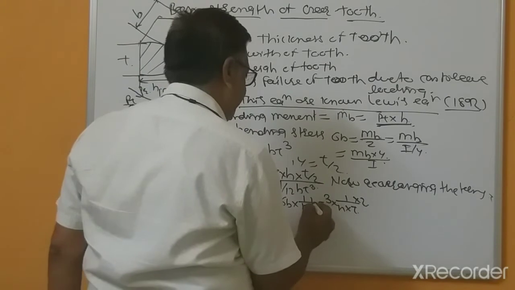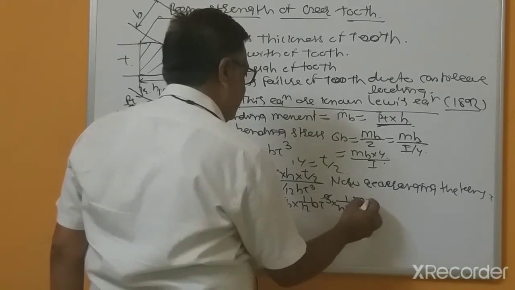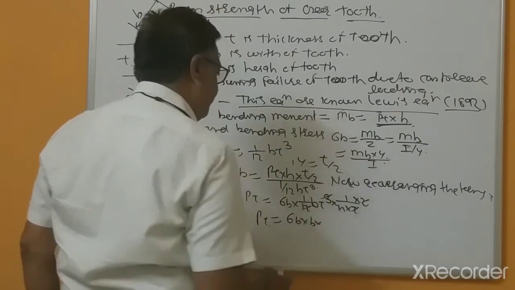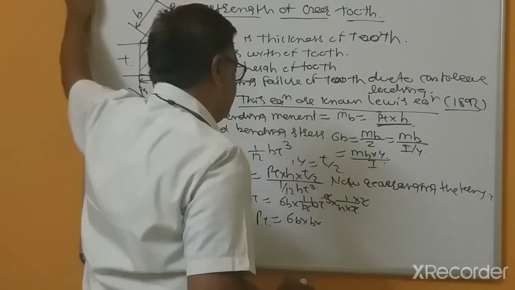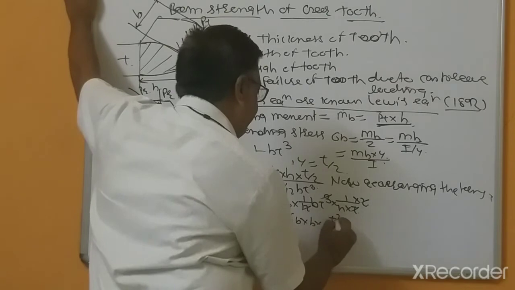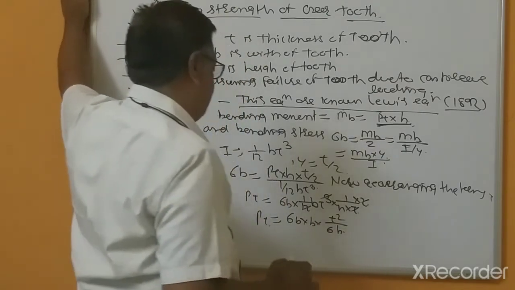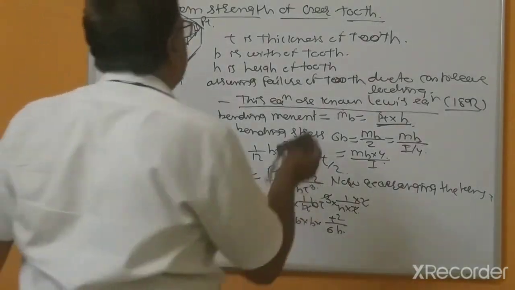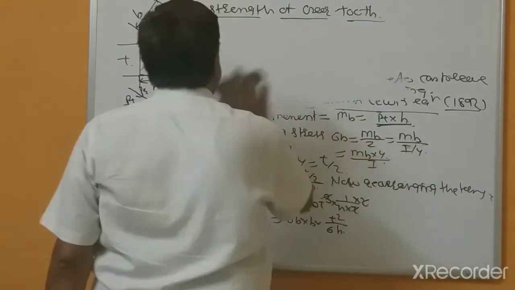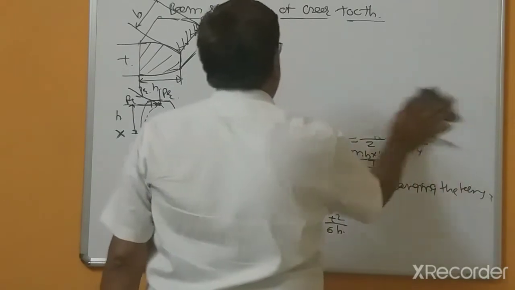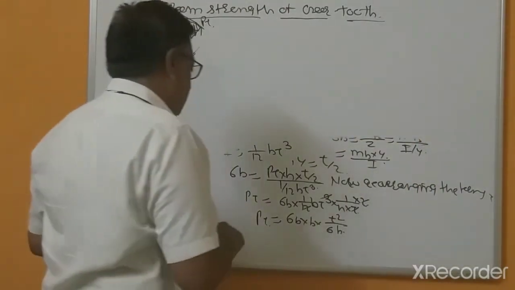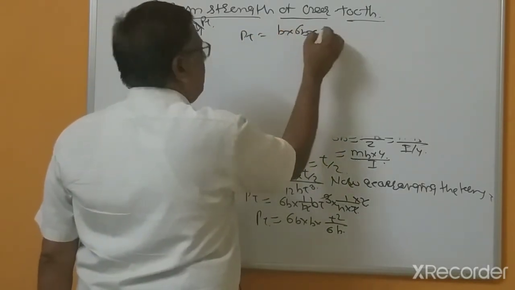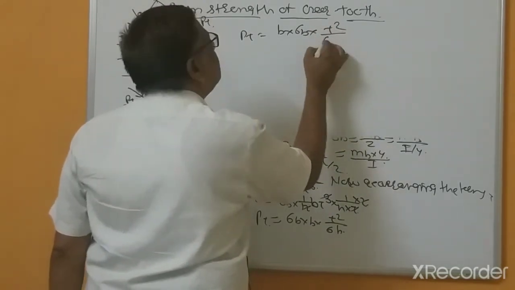That will get cancelled and this is 6. So PT equals sigma b into b into t squared divided by 6h.